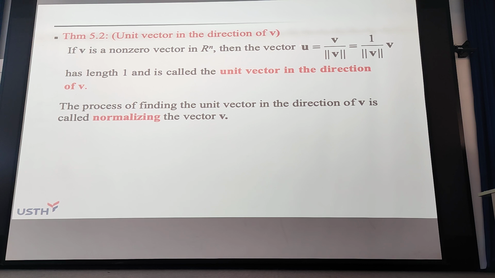We get a new vector u, and that vector u obviously has length 1, and it is named the unit vector in the direction of v. And the process of transforming any vector v into a unit vector in the direction of v is named normalization of the vector v.